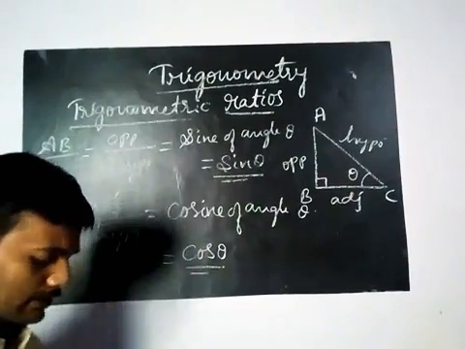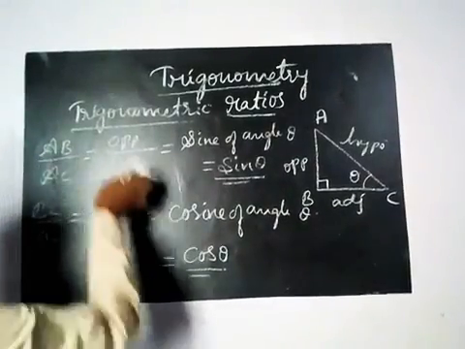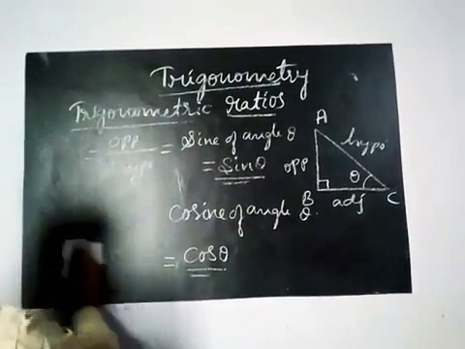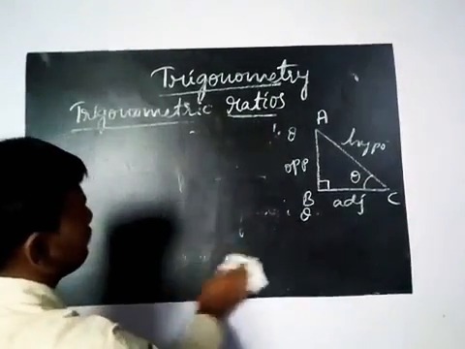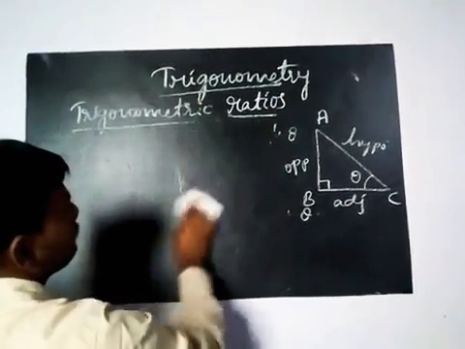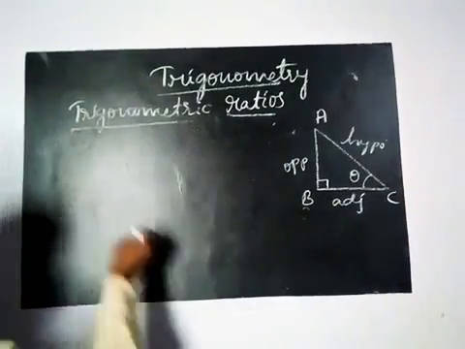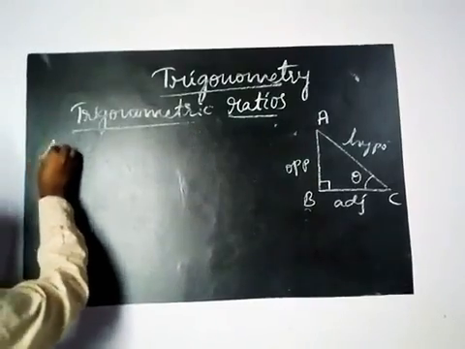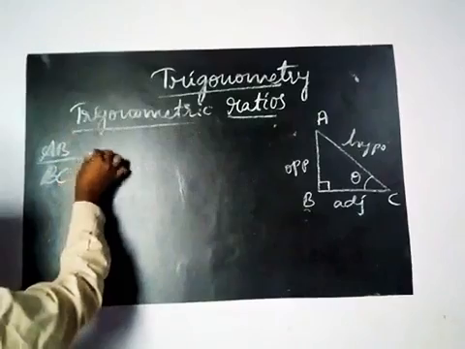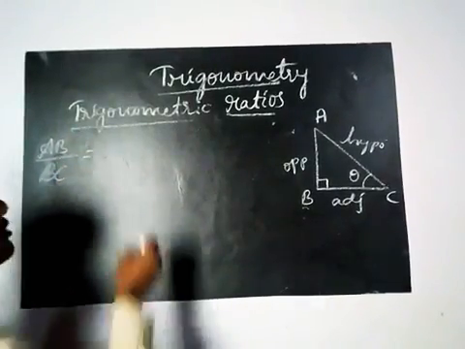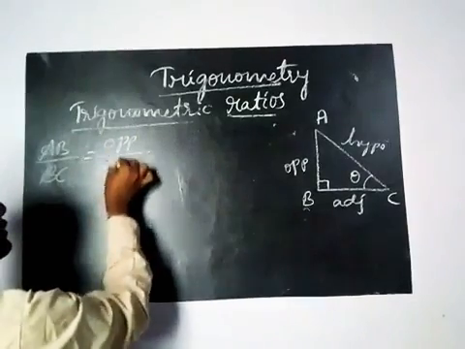Next we are going to see the name for the next ratio. The next ratio we have considered is AB by BC. AB is opposite and BC is adjacent.